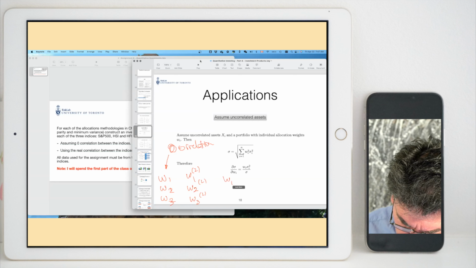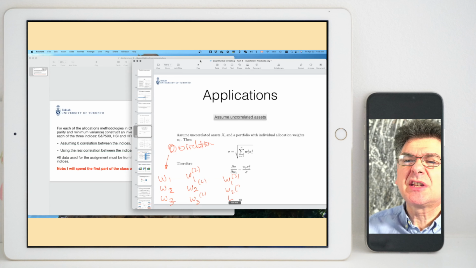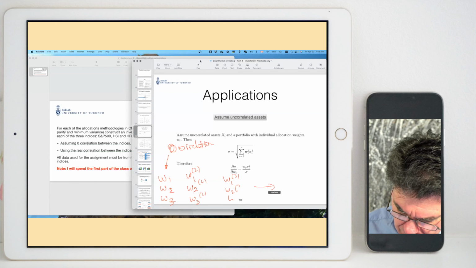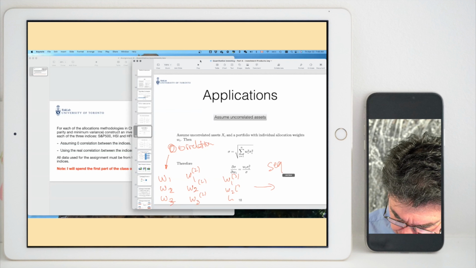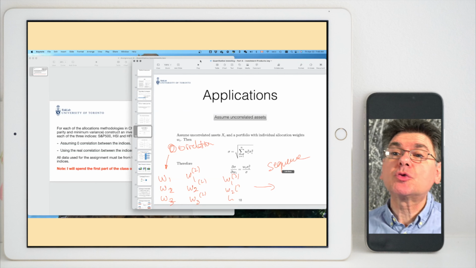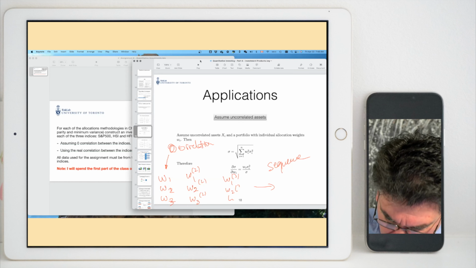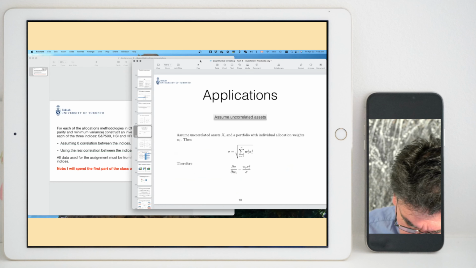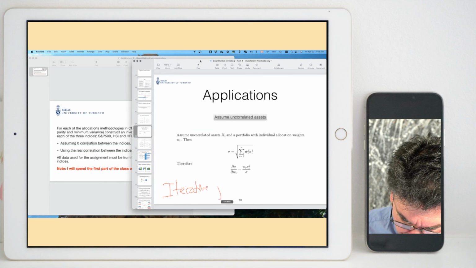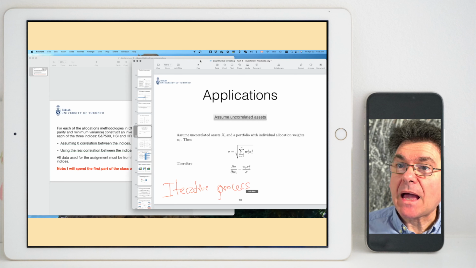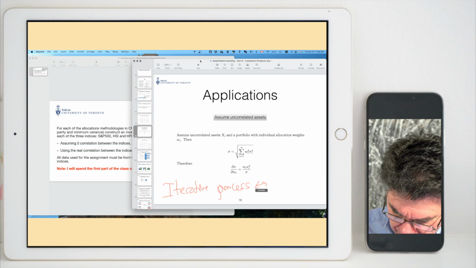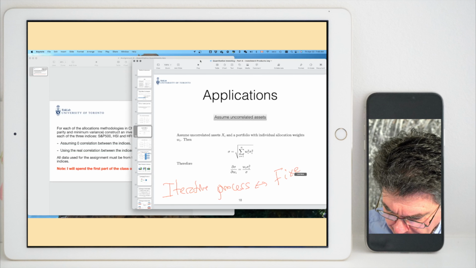And then you find another one, and then another one, and you see this still doesn't work, and you have to construct a sequence. And this sequence will converge to some weights. And these are the weights that will work. Okay, so this is something which is called an iterative process. And it's based on the mathematical notion of a fixed point.